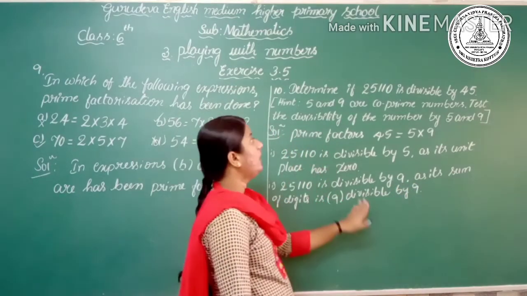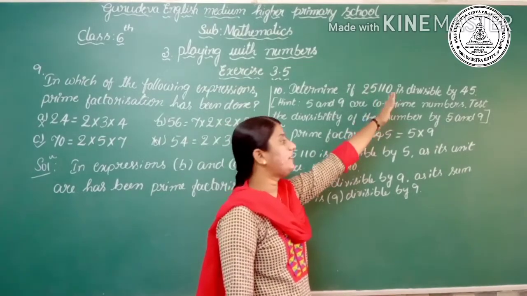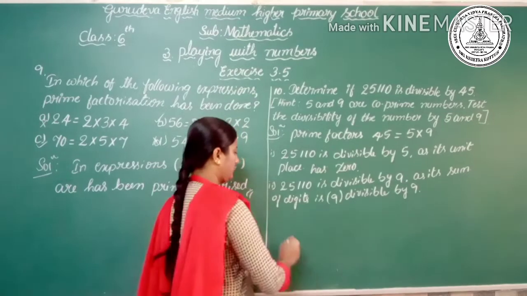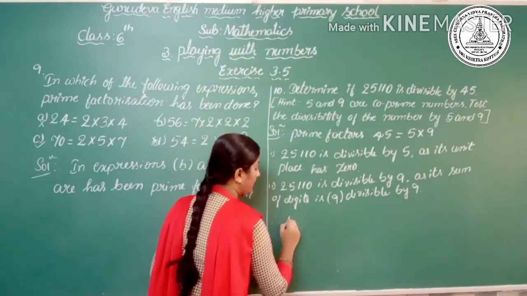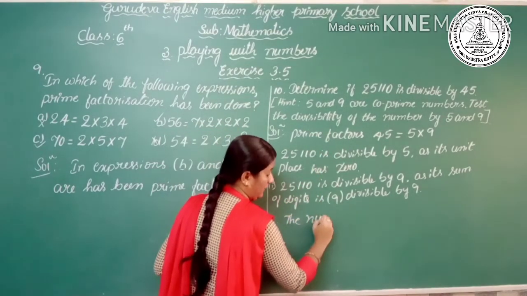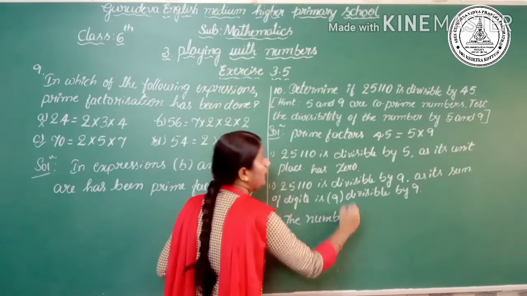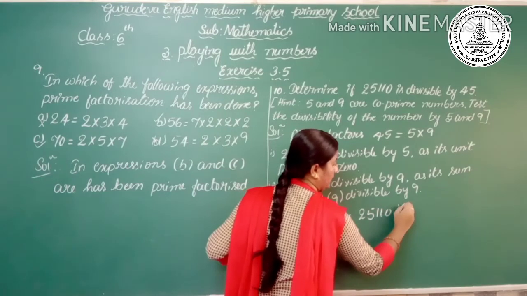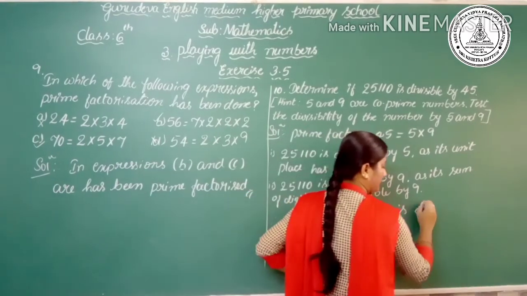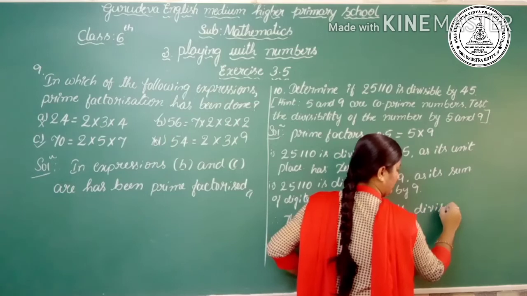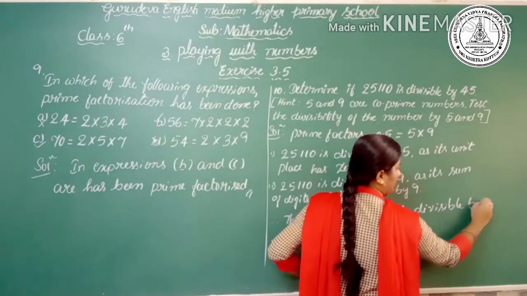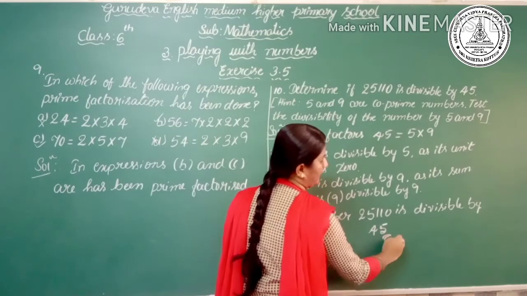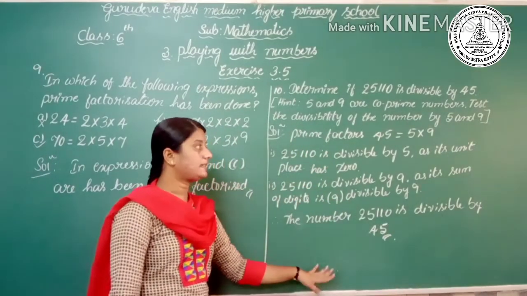Hence the number 25,110 is divisible by 45. Therefore, the number 25,110 is divisible by 45. Okay, is it clear?